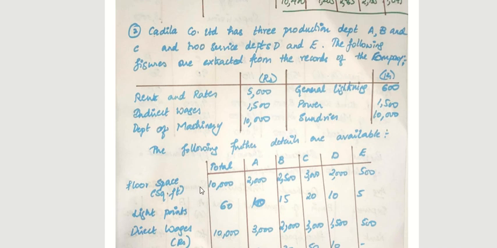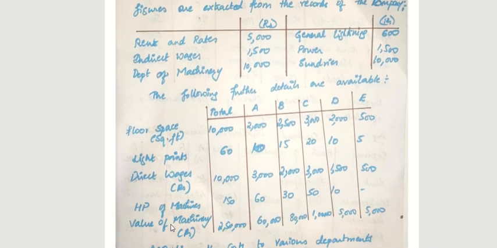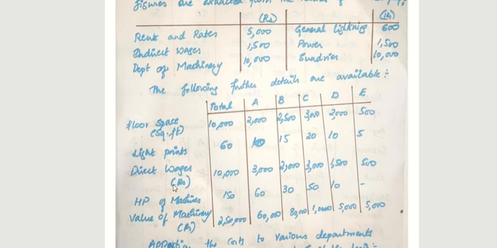Your indirect wages will be apportioned based on, so what are your bases? So you have your 5 bases. So indirect wages will be apportioned based on direct wages. And we have the depreciation of machinery, which will be apportioned based on value of machinery, which is related to machinery.